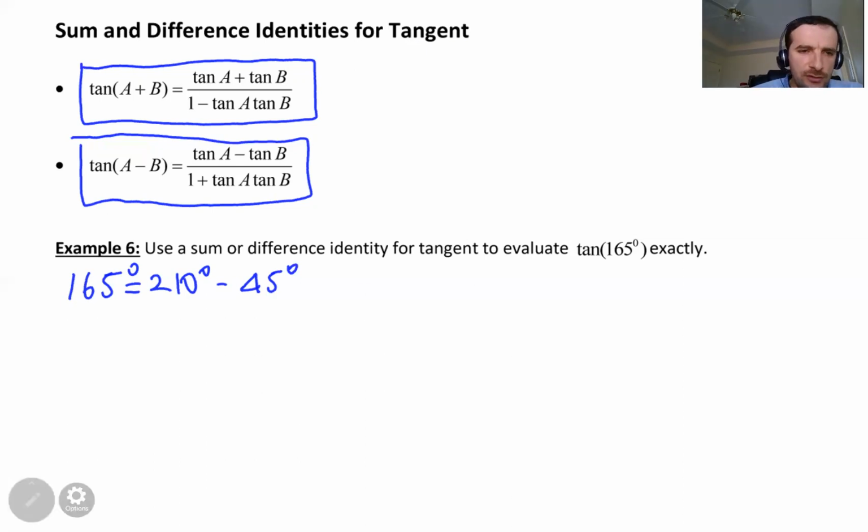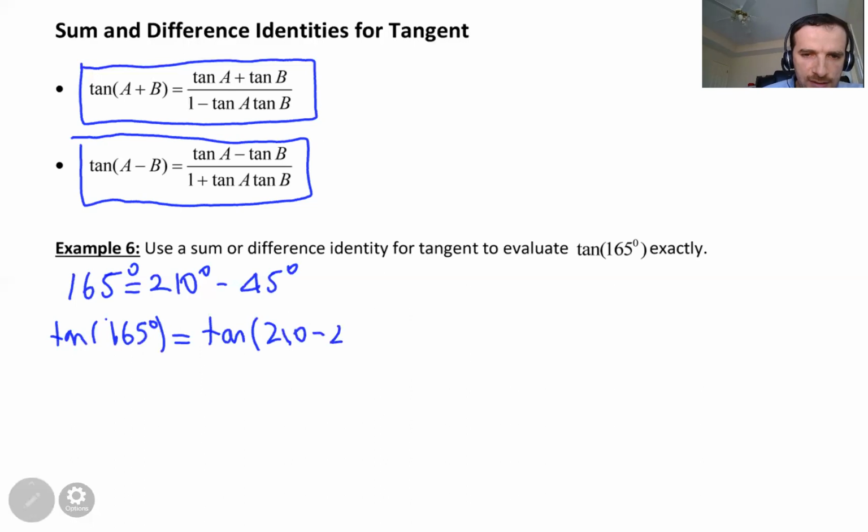Okay, so now tangent 165 degrees is equal to tangent of 210 minus 45. And again, I'm not putting degrees because it is clearly in terms of degrees.